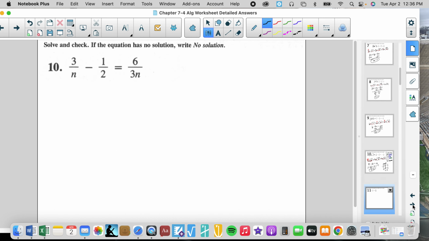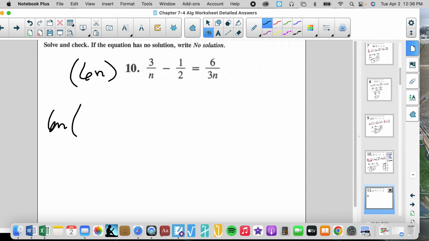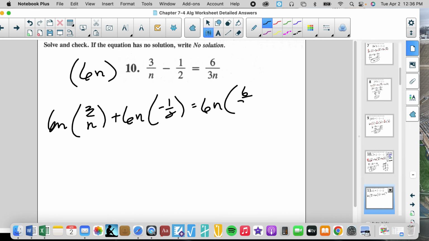Good. Here we go. This is another good one with lots of different denominators. That gives us 6n. So 6n times 3 over n plus 6n times negative 1/2 equals 6n over 6 over 3n. It really doesn't do us any good to simplify that. We can just leave it as 6.